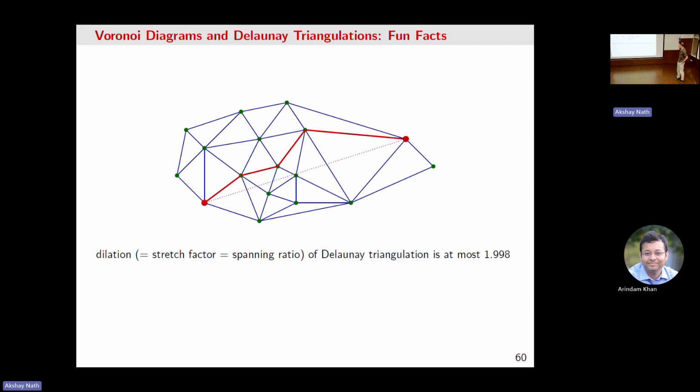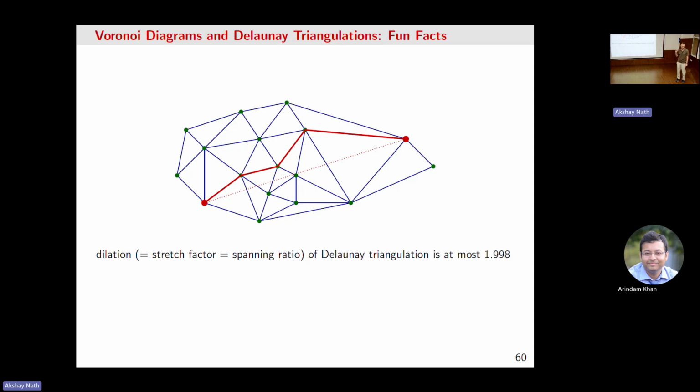So the stretch factor is, if I take any two points, the length of the shortest path in the graph divided by the actual shortest path. So that's the detour. You have to maybe drive 30% more. Now you take the maximum over all possible pairs of points. That's the dilation of this graph.